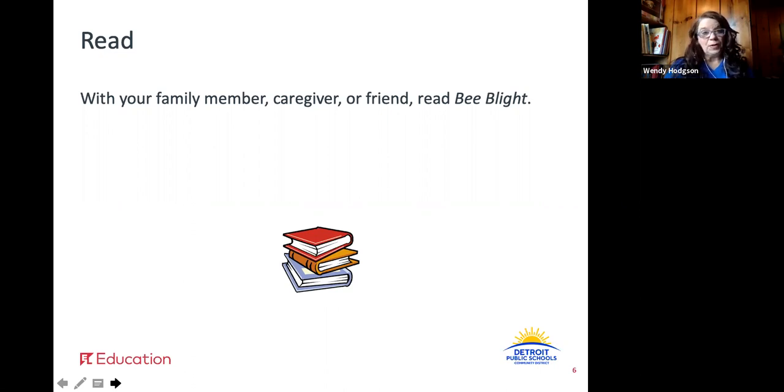So that's up to you, but I do ask that you have your eyes on the print so that you can see the words and the vocabulary in particular as I'm reading through it. So I'm going to do the read aloud. It's only going to take us a few minutes, and it's a part of the assignment today. So let's get started.